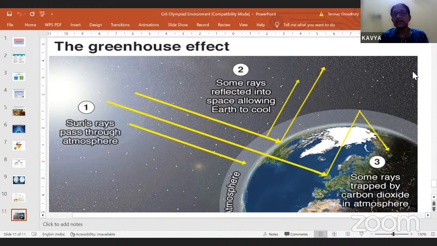Then what is acid rain? Acid rain occurs when a lot of carbon dioxide is accumulated in the atmosphere because of pollution. All this carbon dioxide is not allowing the sun's rays to escape into space. It is getting them reflected back onto the earth.